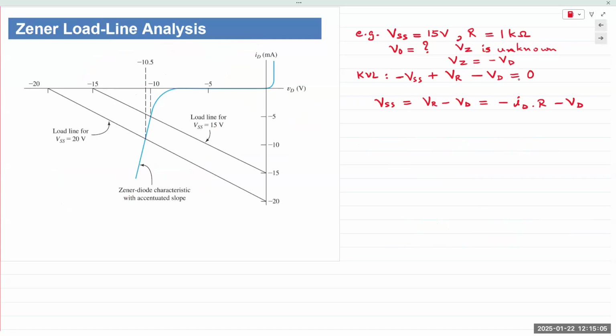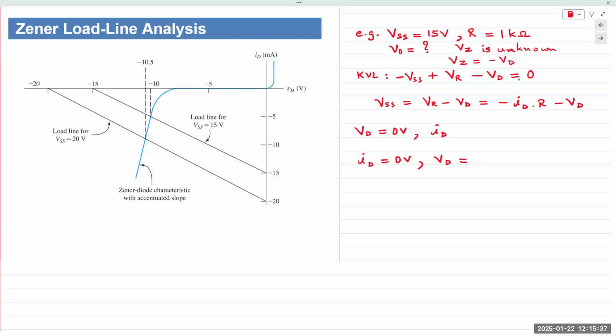Load line analysis means we are plotting a linear line that intersects the diode characteristic. So we want to find the values of those two voltages and currents. We plug in both quantities as 0. So VD is 0, and we find ID, and then we plug in ID as 0, and we find VD.